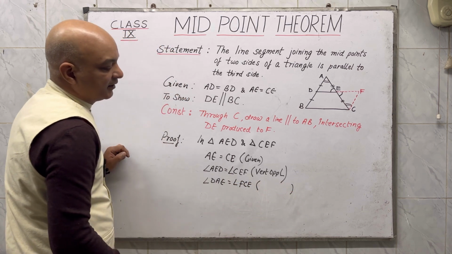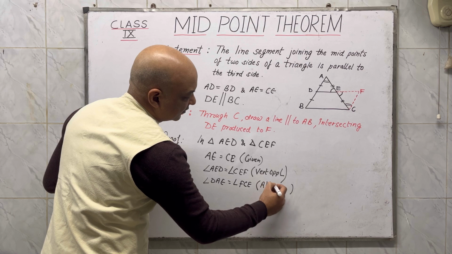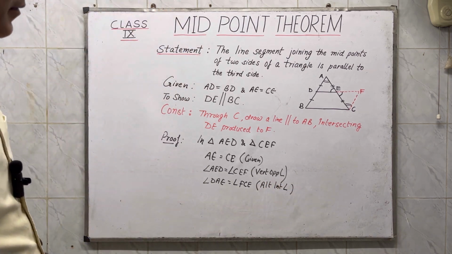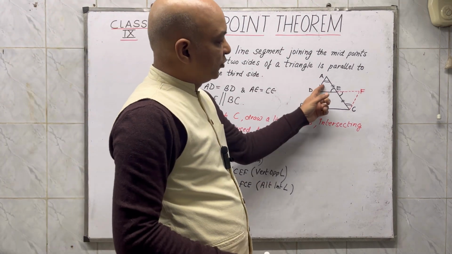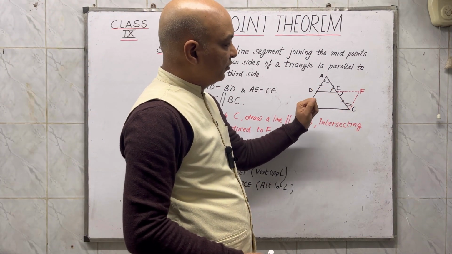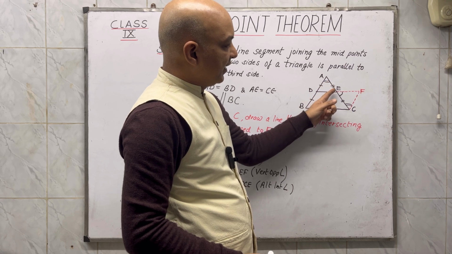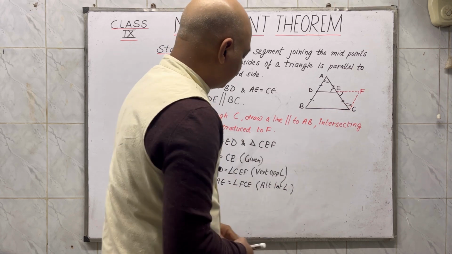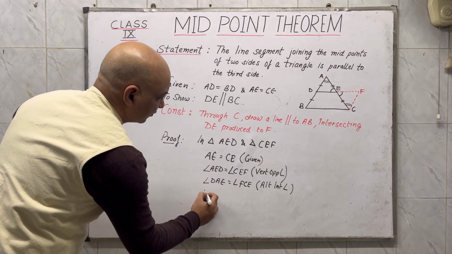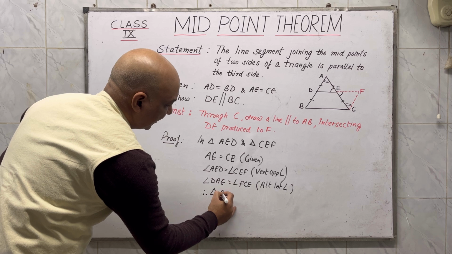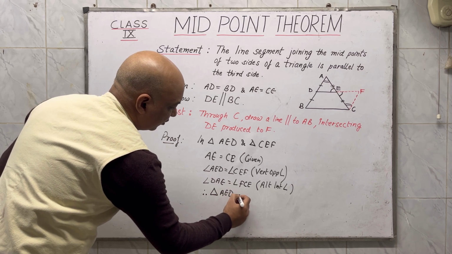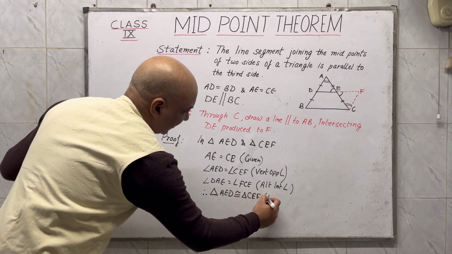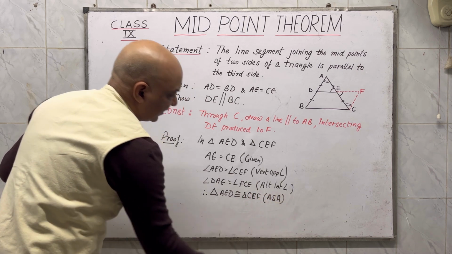In the bracket, you can write the reason: alternate interior angles. So the two triangles now become congruent by the rule angle side angle. Here also angle side angle. So therefore, triangle AED congruent to triangle CEF by the rule ASA.